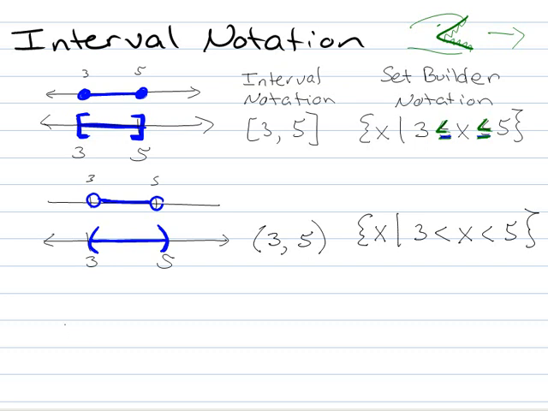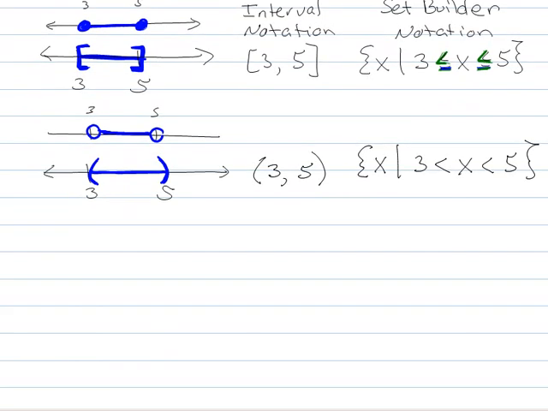Now, variations on a theme. We can go through here, and one of the sides could be equal to, and one of the sides could be less than, but not equal to. So this side could be equal, and this one could be not equal. So like 3 would work, but 5 wouldn't. So we would basically go from 3 to like 4.99999.